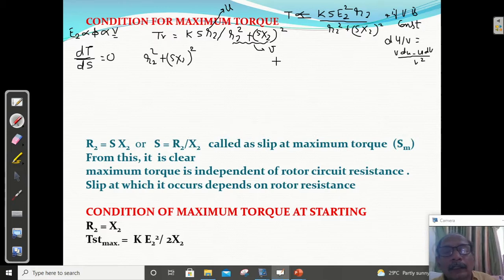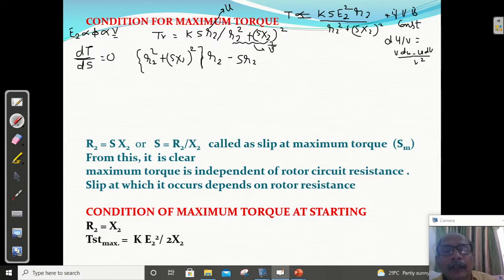So v is the denominator, and du means the differentiation of the numerator SR2 with respect to slip, which is R2, minus u. I'm taking k as constant, leave it. So u means SR2.